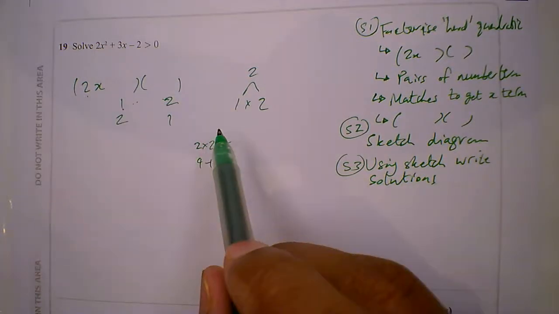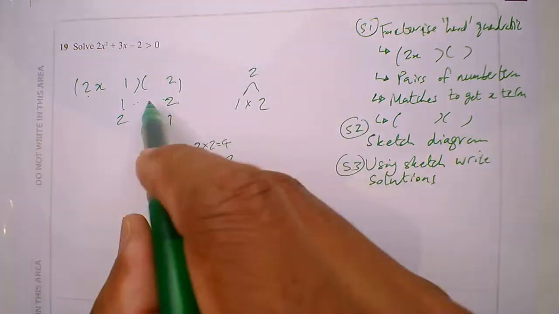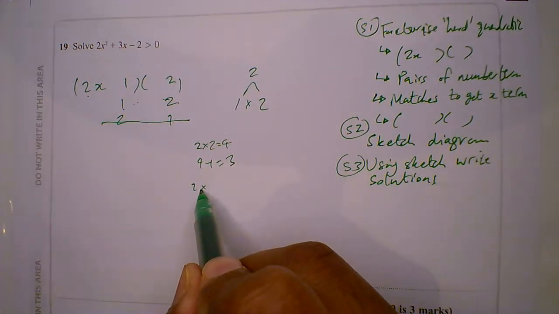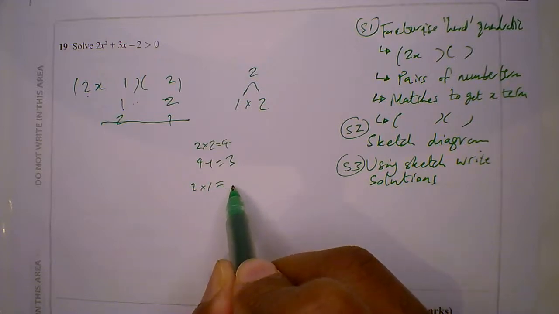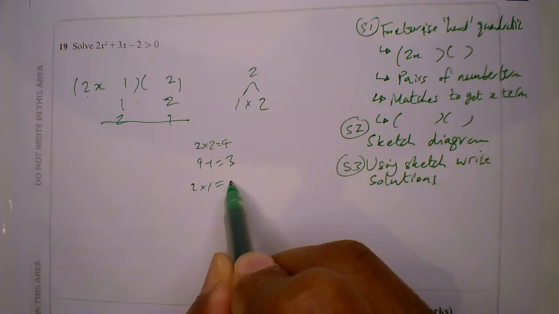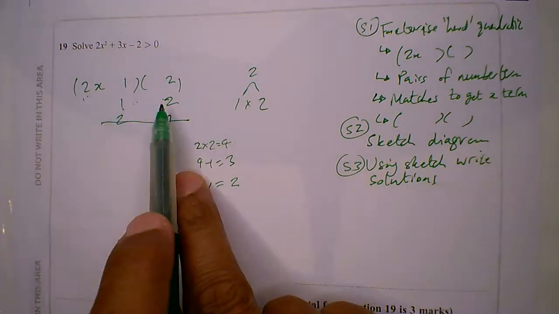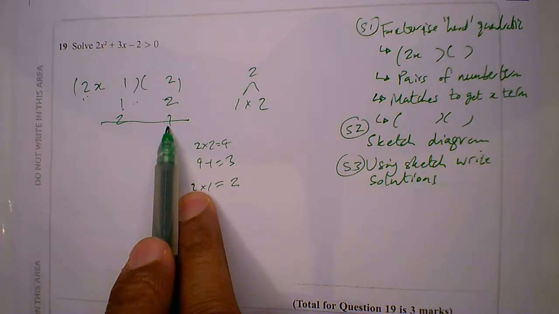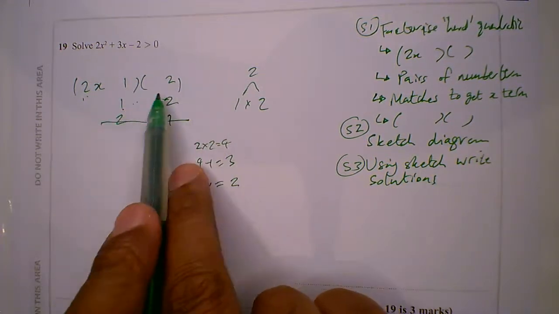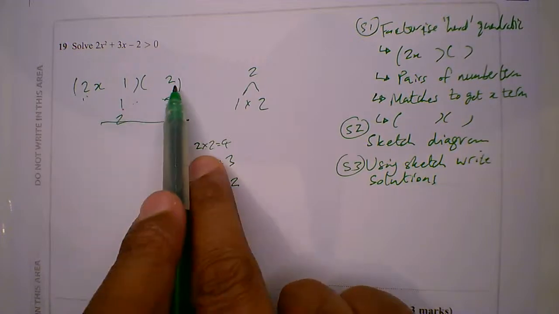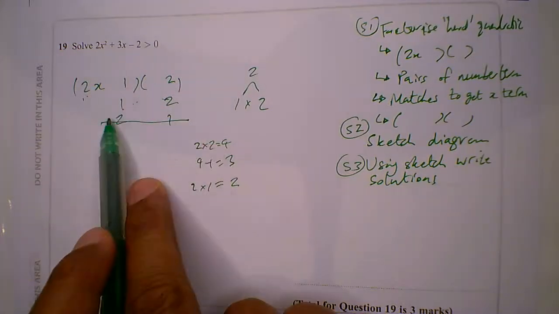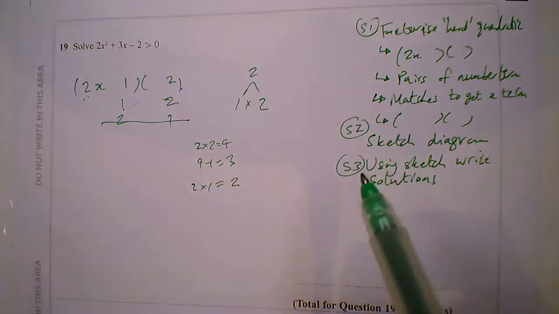If I did it the other way, just to show you it doesn't work, 2 times 1 is 2, and then I've got 2 times 2 here, which is 4, so it can't get me to 3. That's what I'm trying to say. So this doesn't get me to 3.